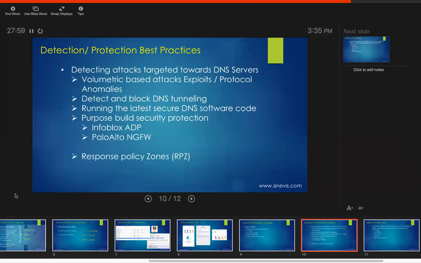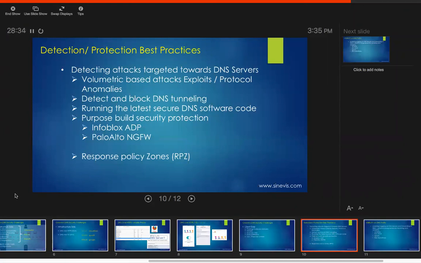DNSSEC is basically a way we can authenticate the validity of a DNS query we are making, and make sure the answer is coming from a valid DNS server. It does not encrypt any DNS communication. So that is one way of securing DNS, but not what we are trying to achieve.